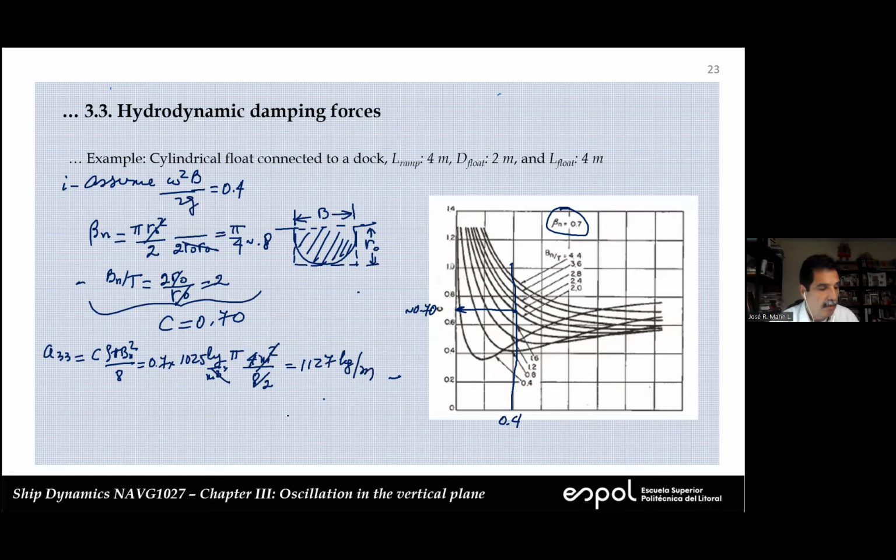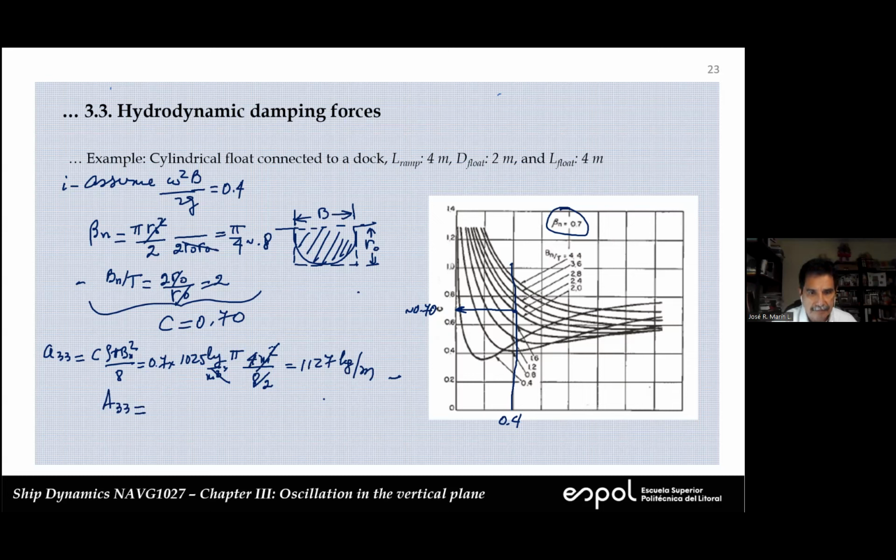Okay, now we go on and calculate large A33. In this case, we assume that the section is constant, so it's a prismatic float.